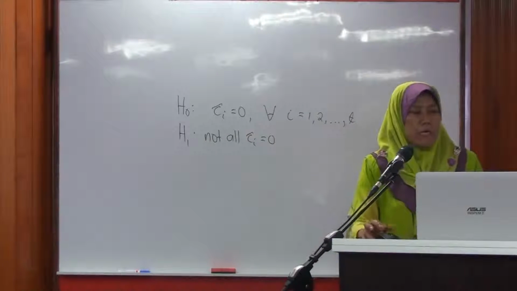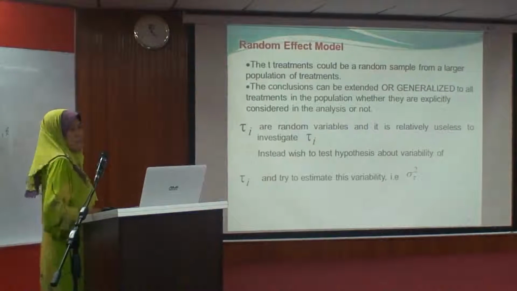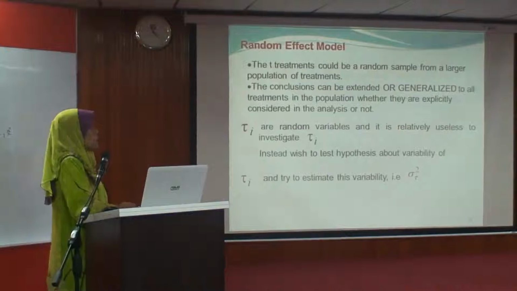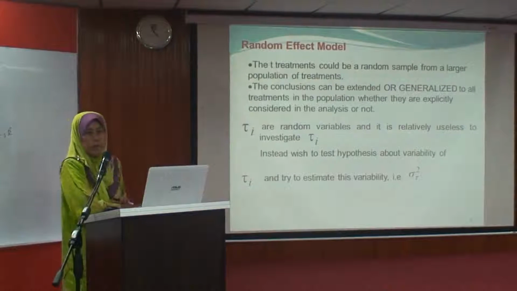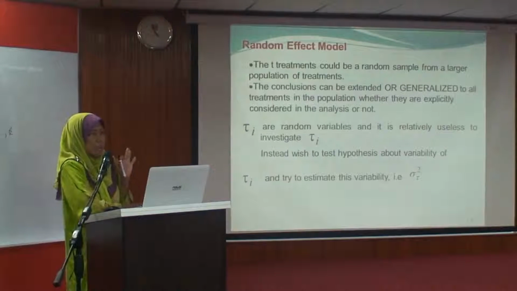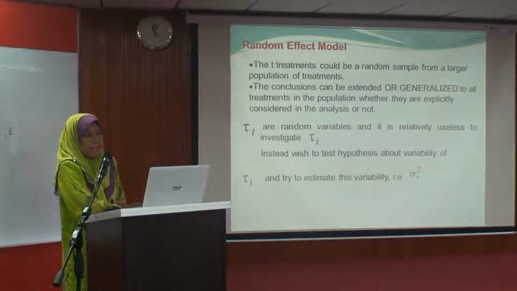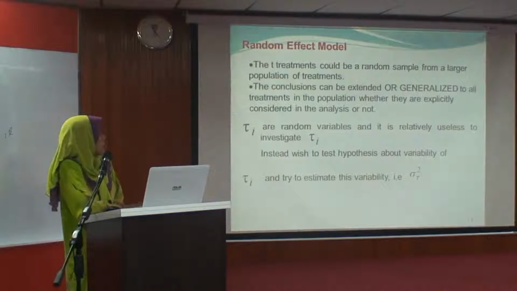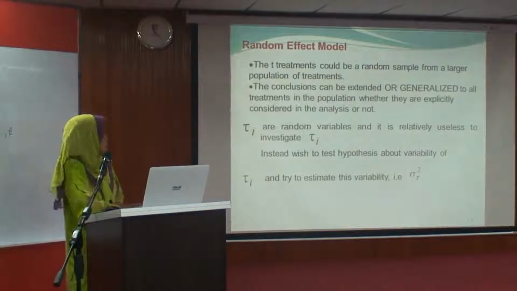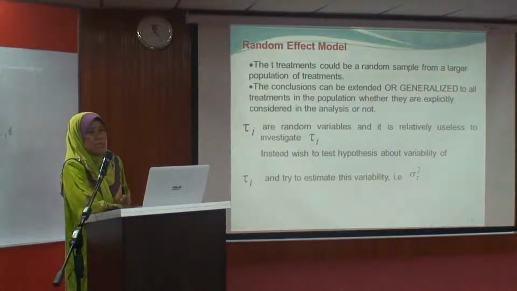Now we look at the random effect model. For the random effect model, it's different from the fixed effect. For the random effect model, you first select at random t treatments from a larger population of treatments. You select t treatments at random from a larger population of treatments.